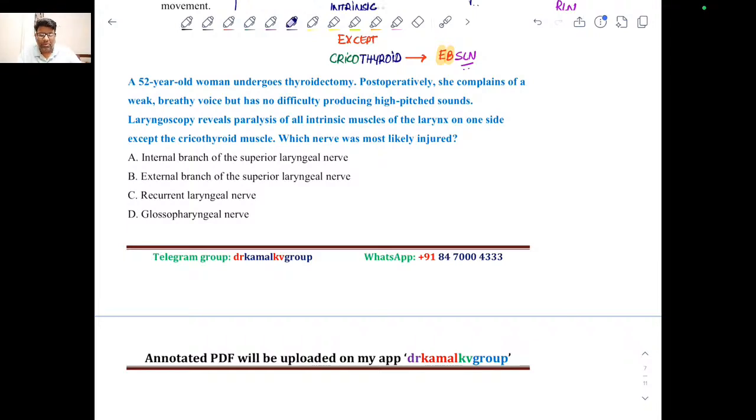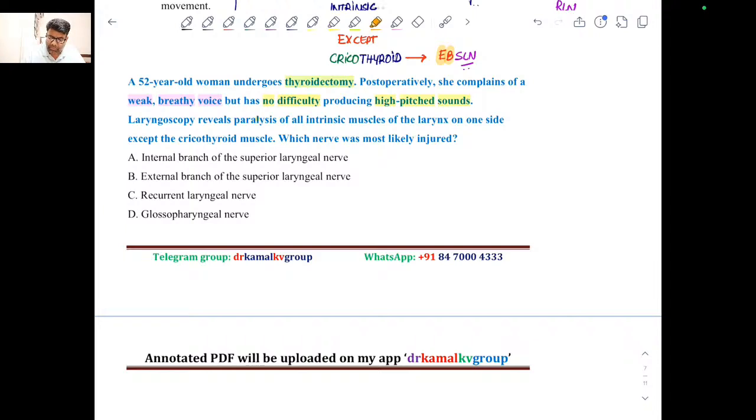Okay, a 52-year-old woman undergoes removal of thyroid gland, thyroidectomy. Post-operatively, she complains of weak, breathy voice, but has no difficulty in high-pitched sounds.